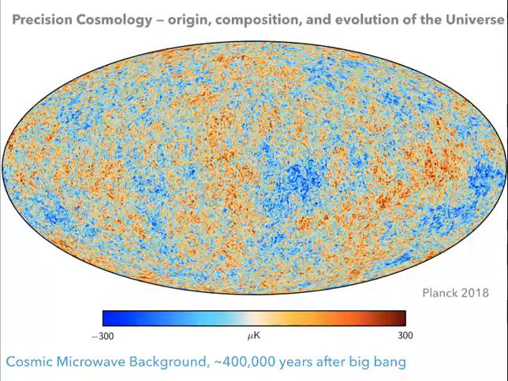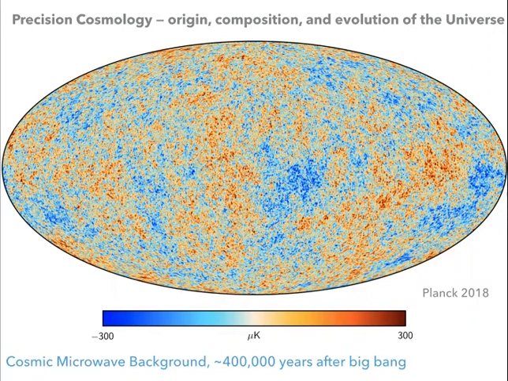So the goal of precision cosmology is to understand the origin, the composition, and the evolution of the universe. CMB, cosmic microwave background, is one of the main probes that we have for constraining our cosmological models.